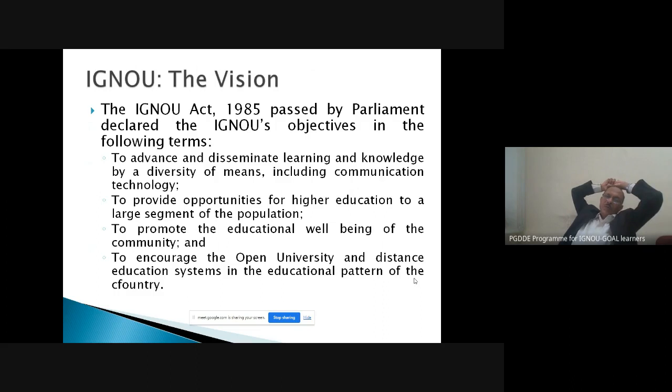To encourage the open university and distance education systems in the educational pattern of the country. Those are the major objectives set by the Parliament when they enacted the act.